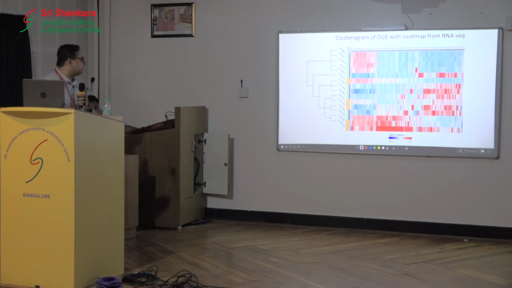If you see, yellow represents the early recurring, resistant patients and green represents the late recurring patients. The thing is that you find it is a very heterogeneous population, even from the gene expression point of view.